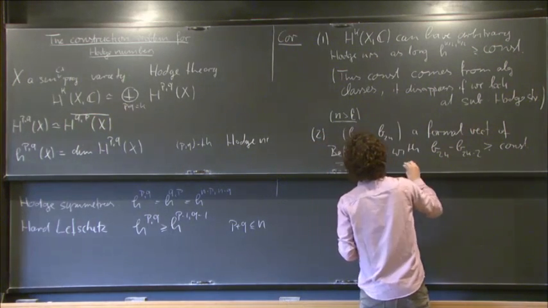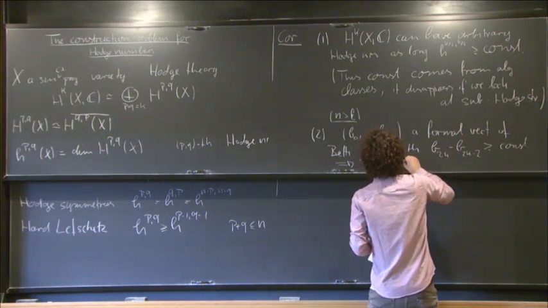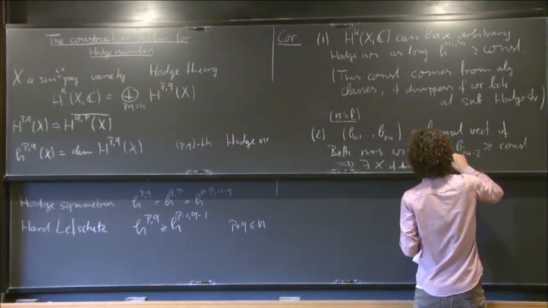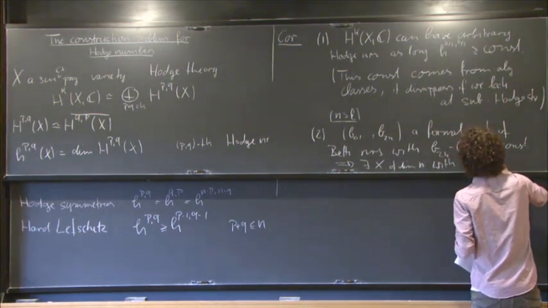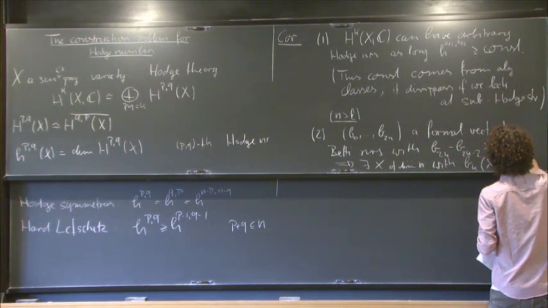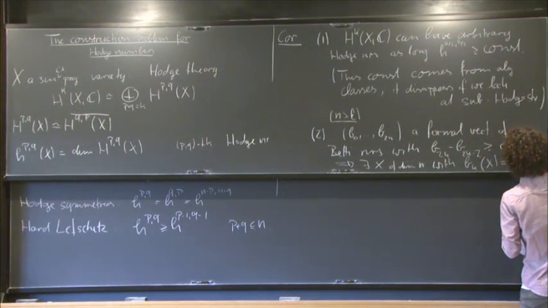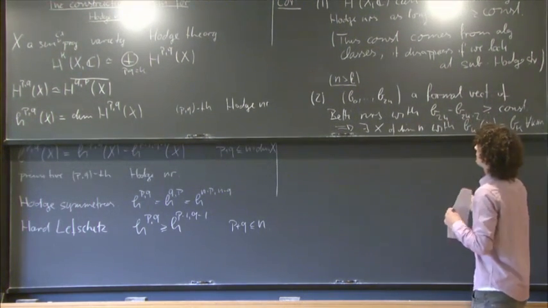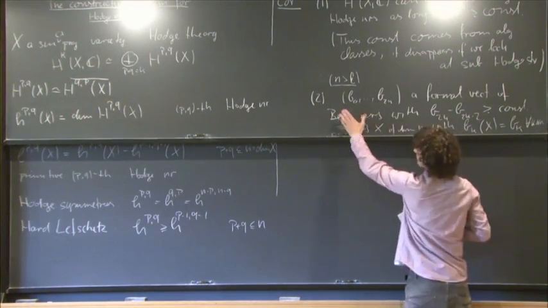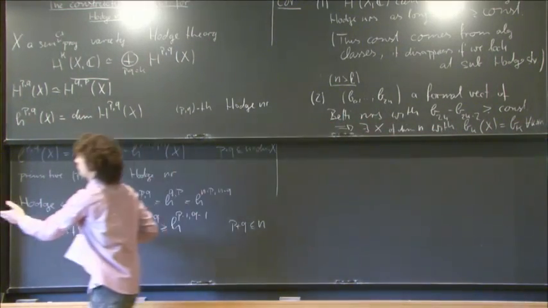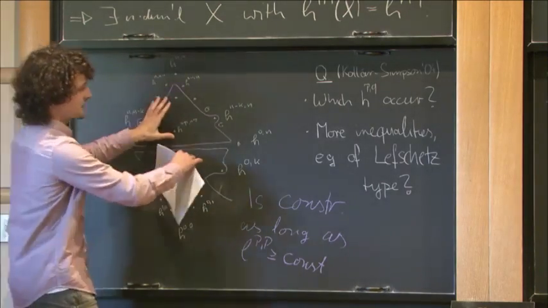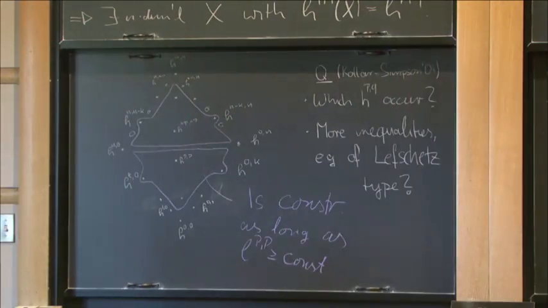Then there is an X of dimension n with these Betti numbers, for all k different from the dimension n, so I can't say anything about this. But why is this true? Well, it's true because we have zeros there, so we can just apply the theorem.